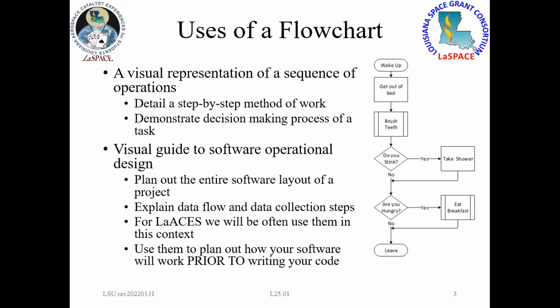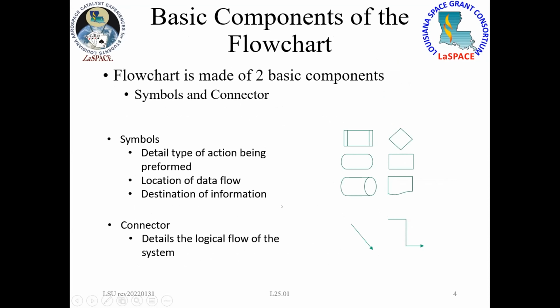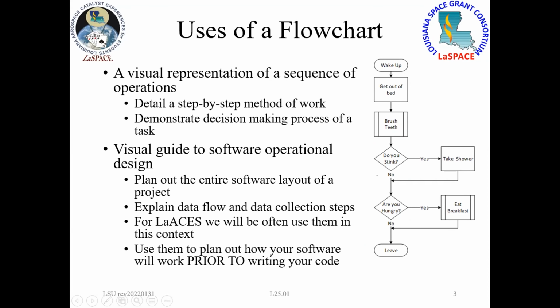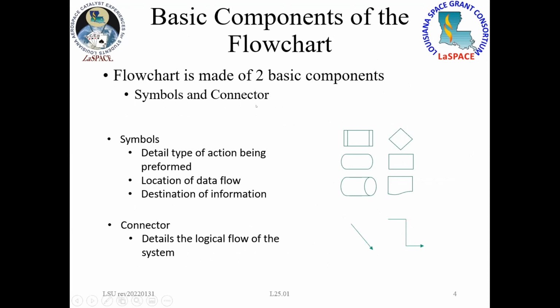Right? This is super simple, but you could easily see how you could translate this to a programming interface. So you can see that we have a number of different components on this little wake up and go to work flowchart. But there are two basic types.